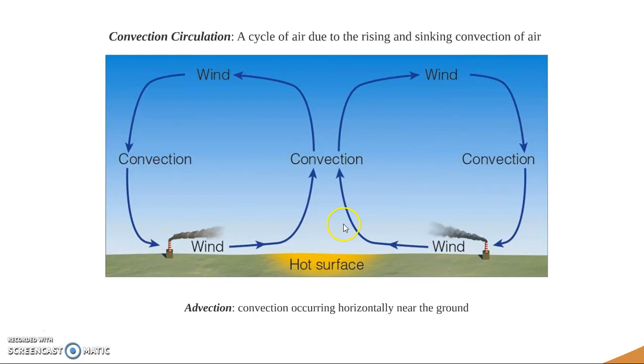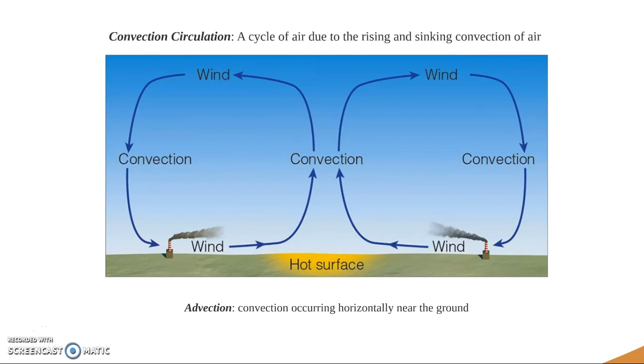So you end up with a pattern of warm air which rises, and then cold air which sinks. And you end up with a circular pattern. This is what we call convection circulation. It is a cycle of air due to the rising of warm air and the sinking of cold air.